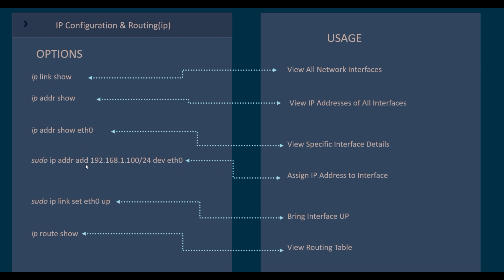In this way, we can also remove IP addresses or add new interfaces. We can use sudo ip link set eth0 up. Using this command, we can bring the interface up.